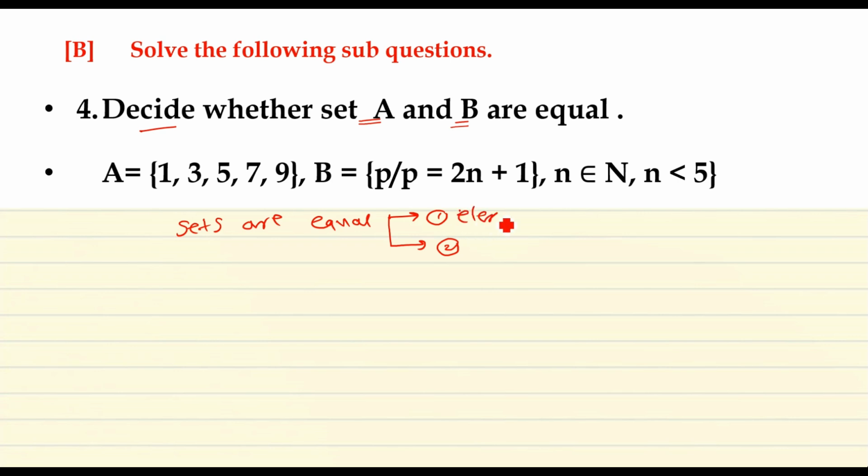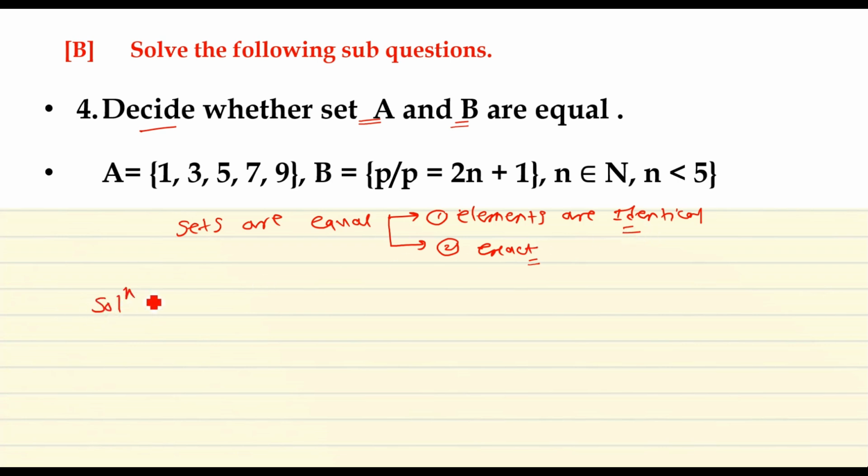The elements are identical. Elements must be identical and exact, meaning whatever elements are present in one set should be present in the other set and they should be alike to each other. In that sense we can say it is identical.